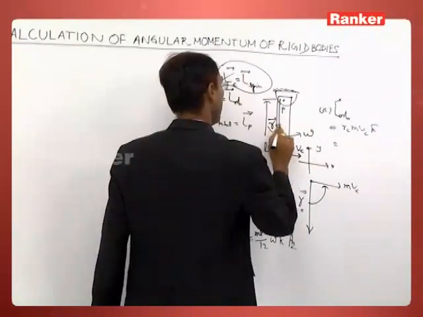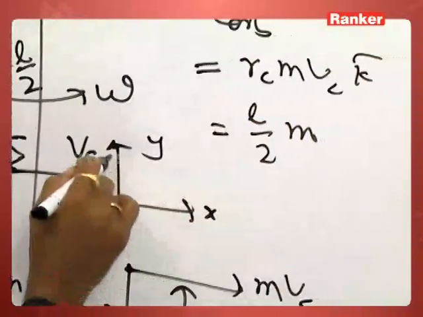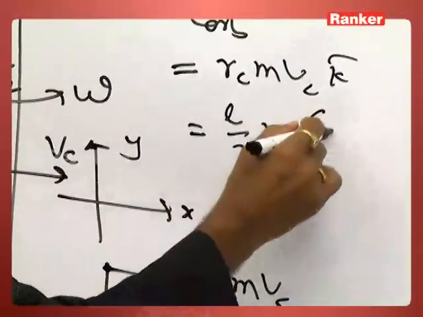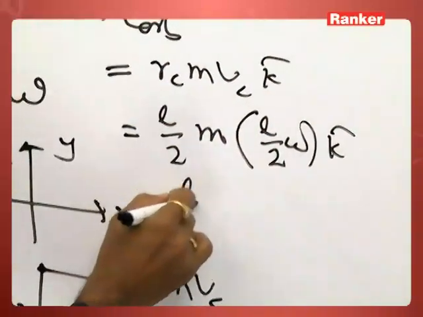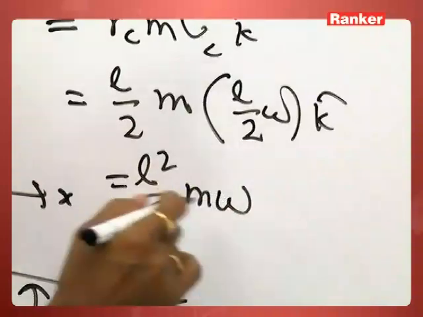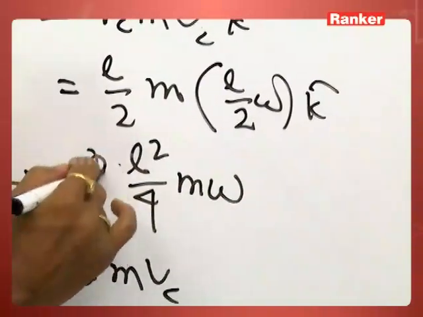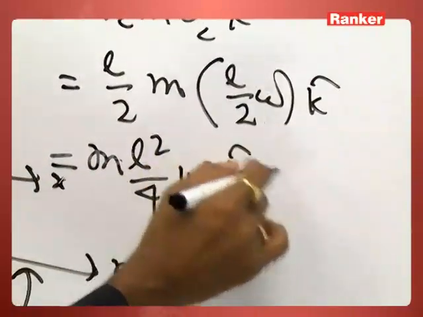RC is equal to L by 2. MVC will be equal to M L by 2 into omega. So you are getting m L square by 4 omega k cap.